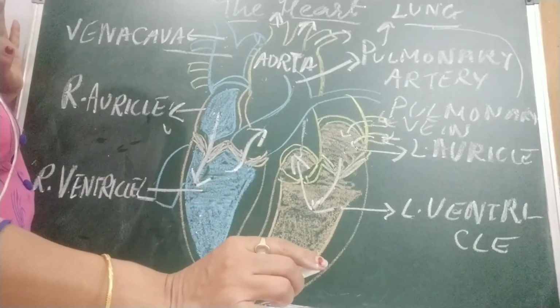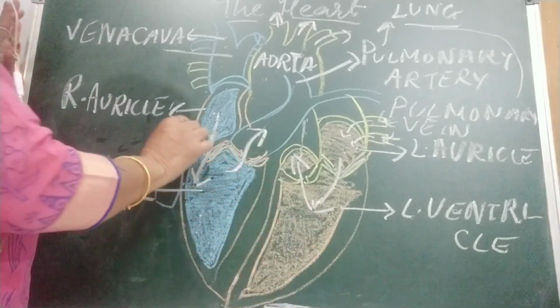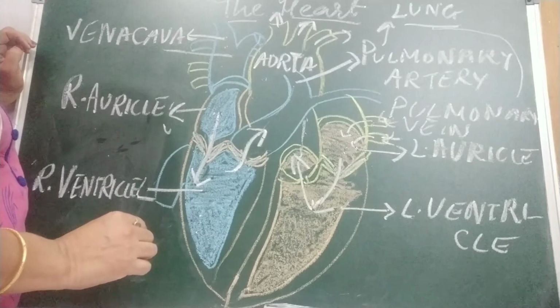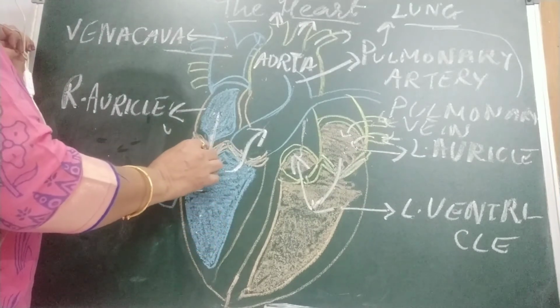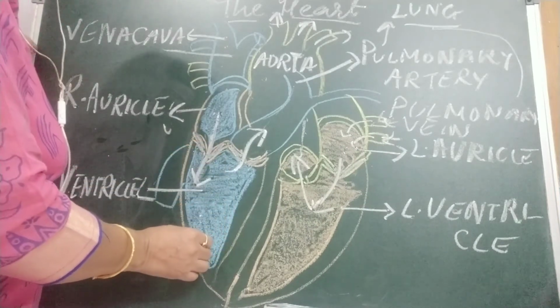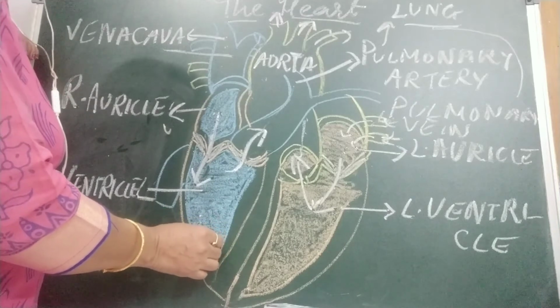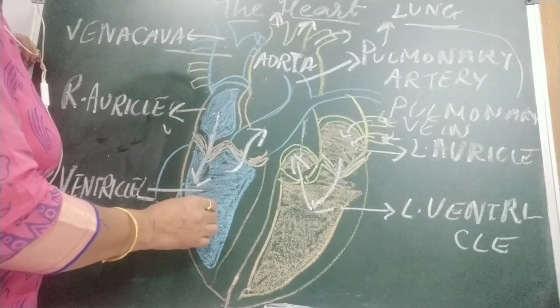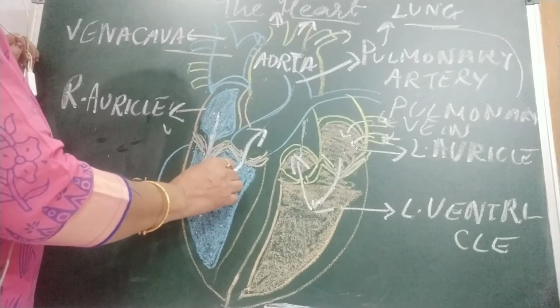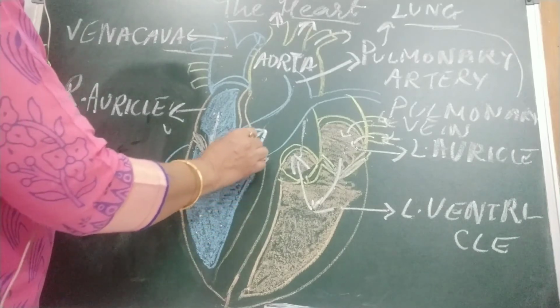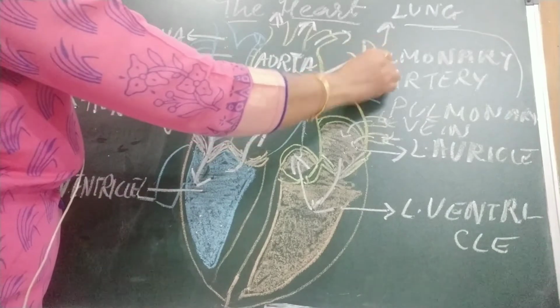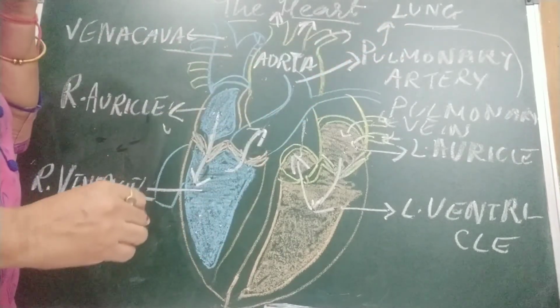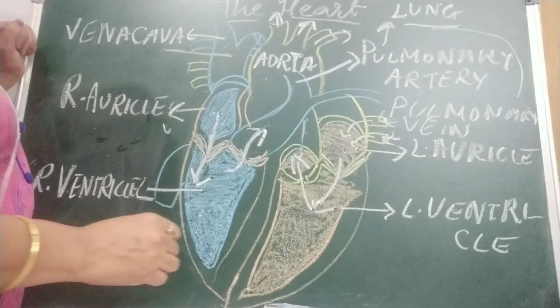Clear? Okay. When the auricle is contracted, now it is time for the ventricle to contract. When the ventricle contracts, from the right ventricle the deoxygenated blood will go into the pulmonary artery.